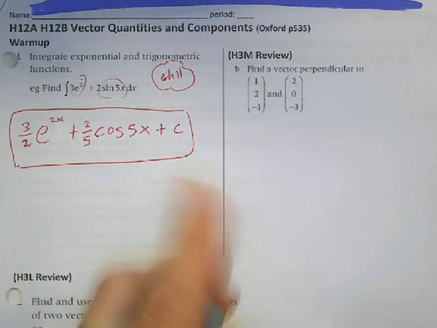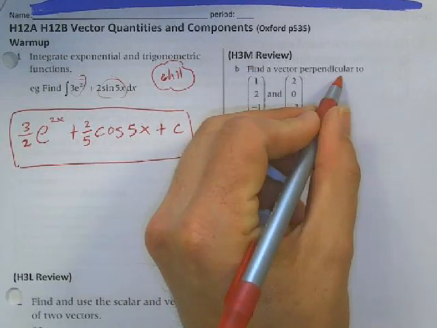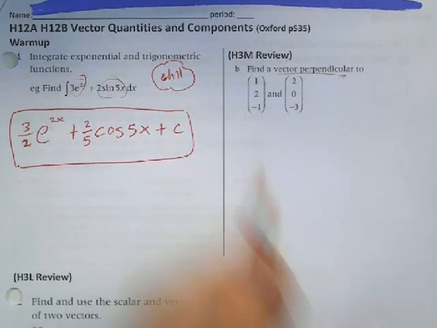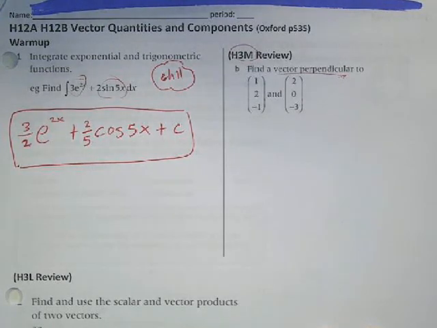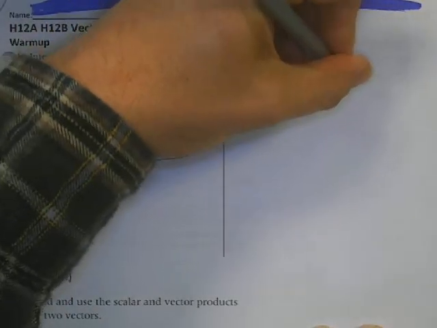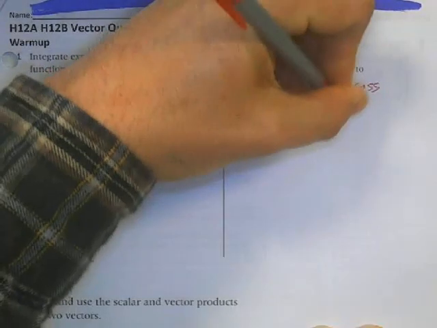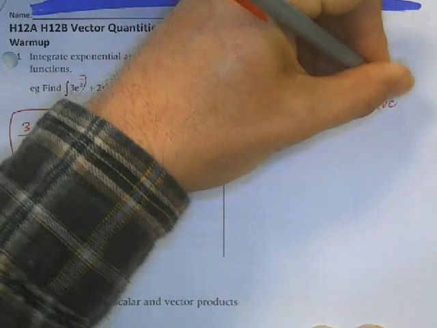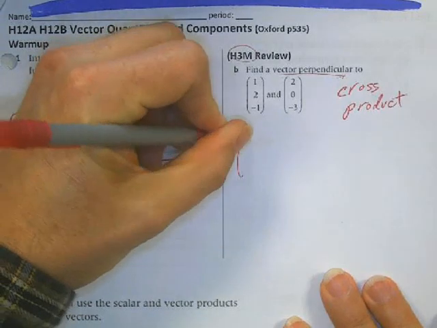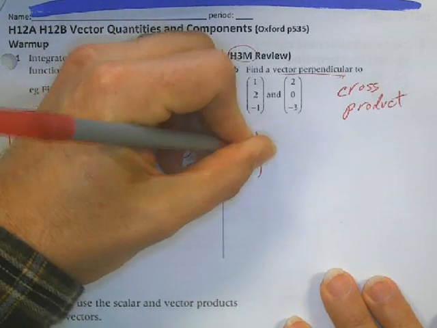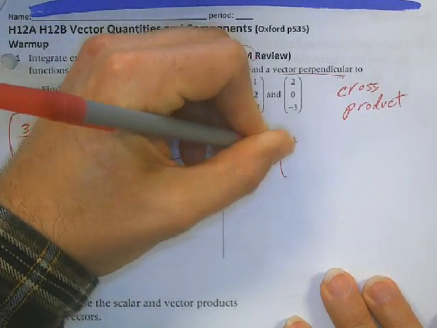Okay, find the vector that is perpendicular. So in chapter H3M, if it's perpendicular, then we're going to use the cross product. Okay, and if we're doing the cross product, then we have 1, 2, -1, cross 2, 0, -3.